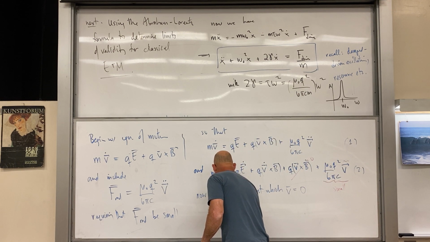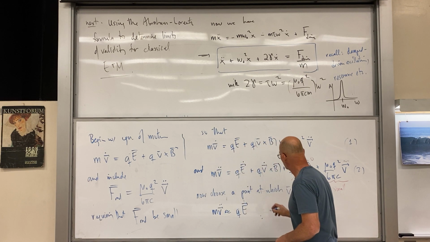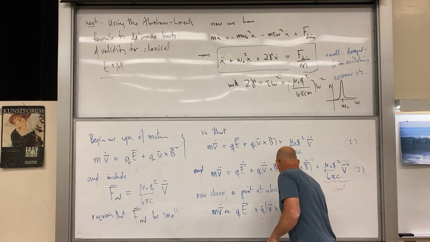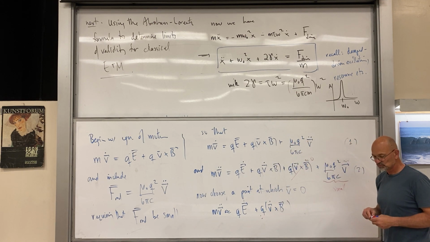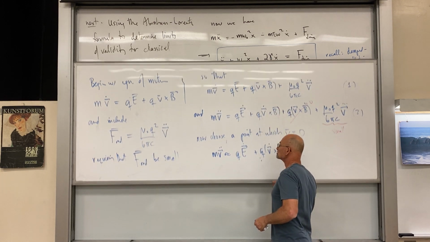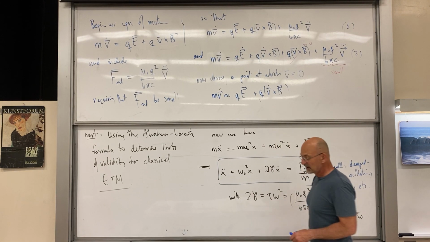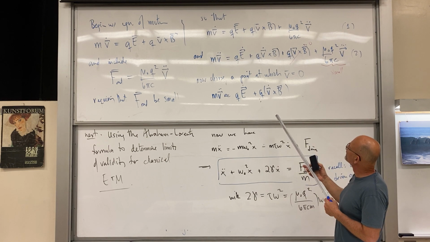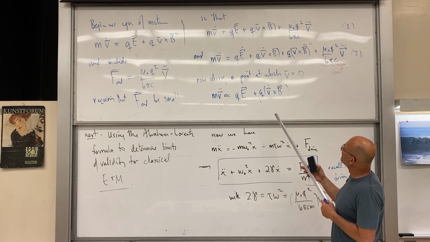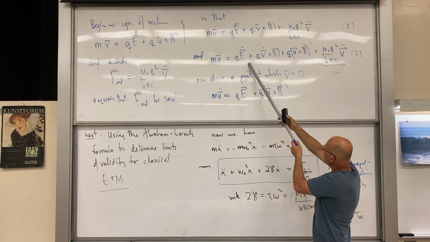And the second derivative is approximately qE dot plus qE dot cross B. And then under the same assumption, m v dot is equal to qE.